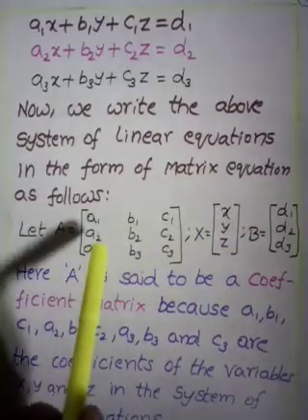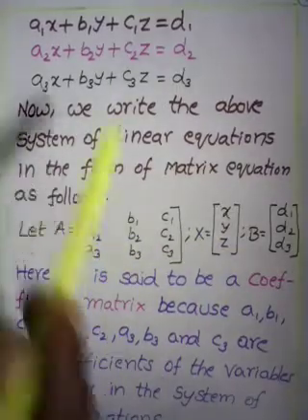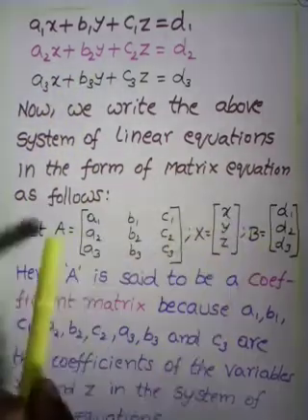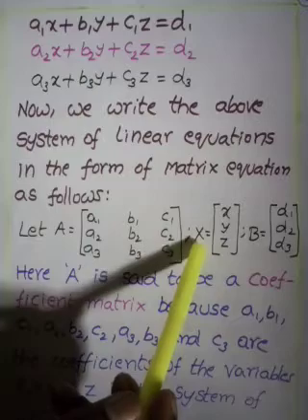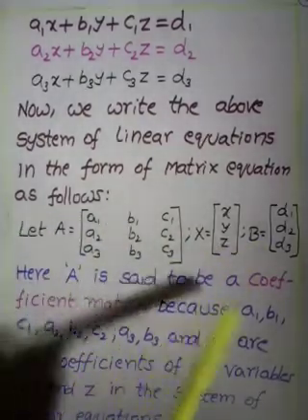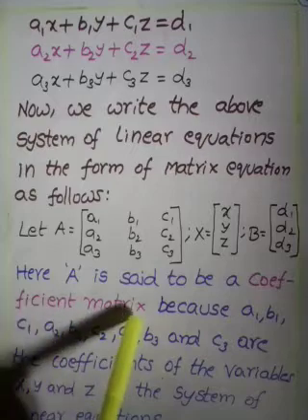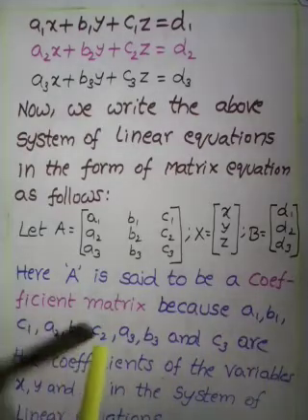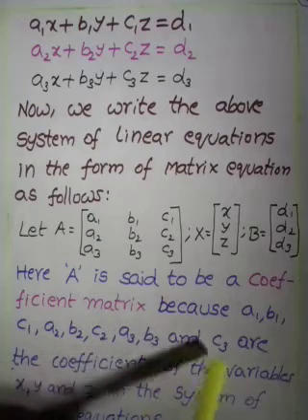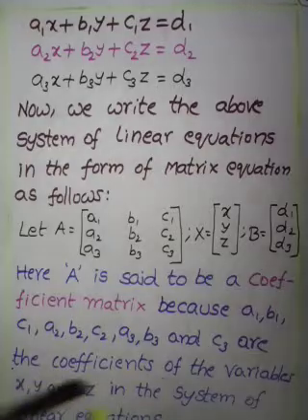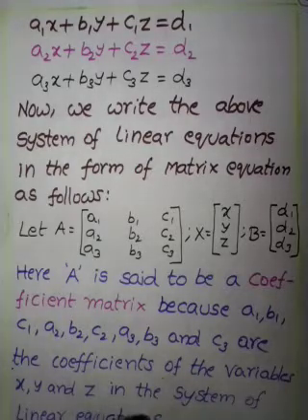Okay, my children. In the first stage, we write the given system of linear equations like three matrices. First matrix is A, second matrix is X, and third matrix is B. Here A is said to be a coefficient matrix because a1, b1, c1, a2, b2, c2, a3, b3 and c3 are the coefficients of the variables x, y and z in the system of linear equations.